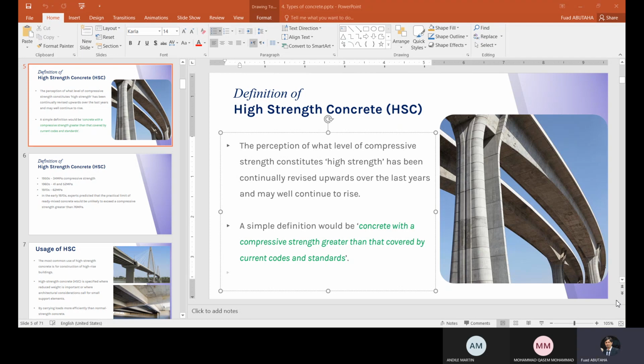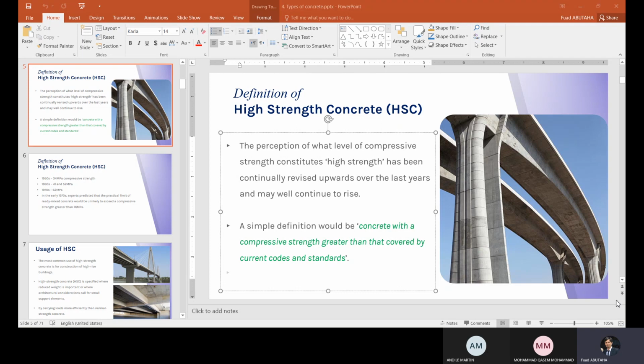The concrete will become dry, harsh, difficult to mix, difficult to transport, difficult to compact. Why? Because the concrete has less water. We reduce the water in order to achieve high strength, so decreasing the water content affects the workability negatively.